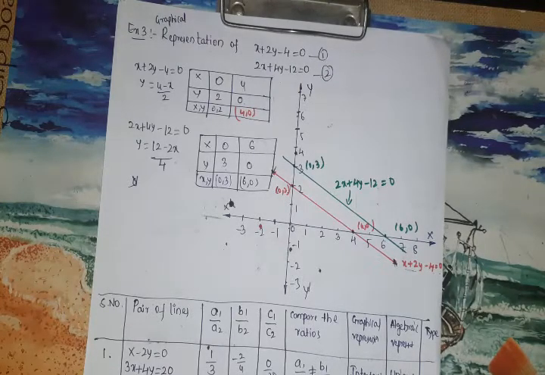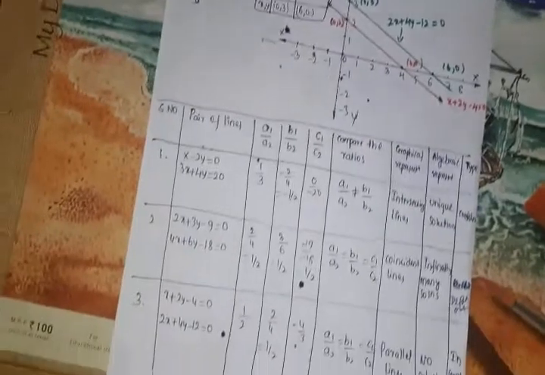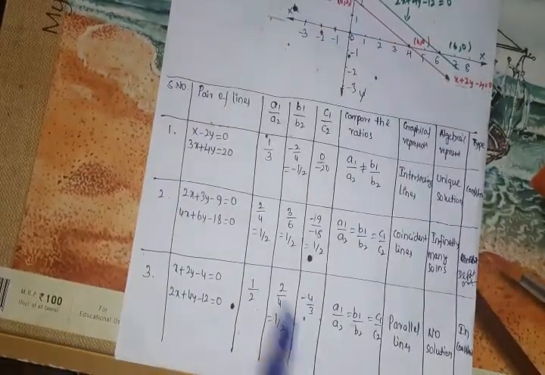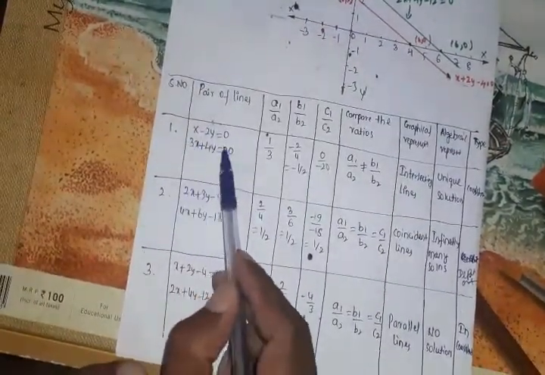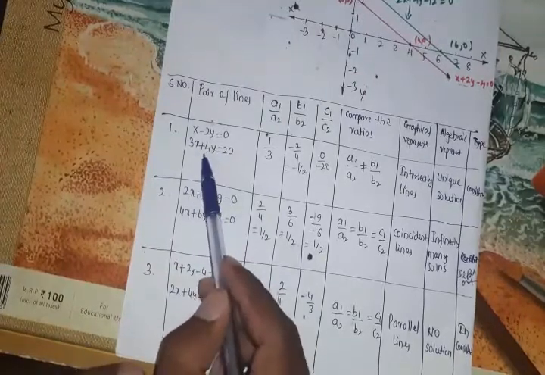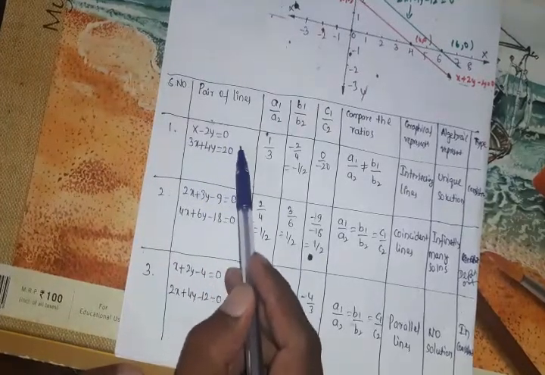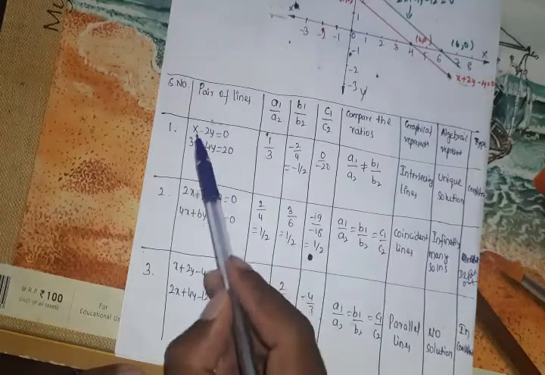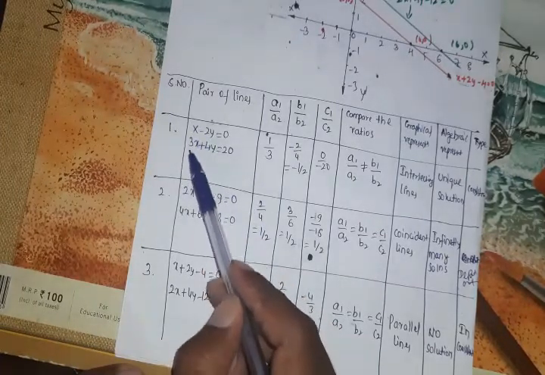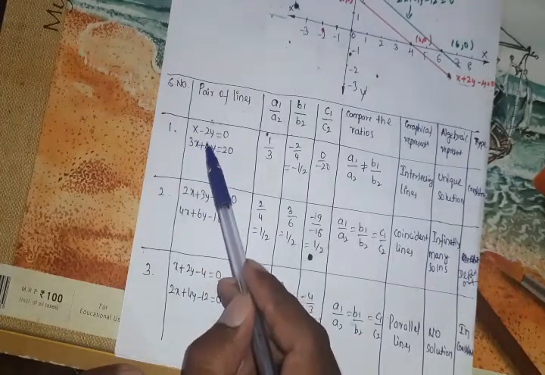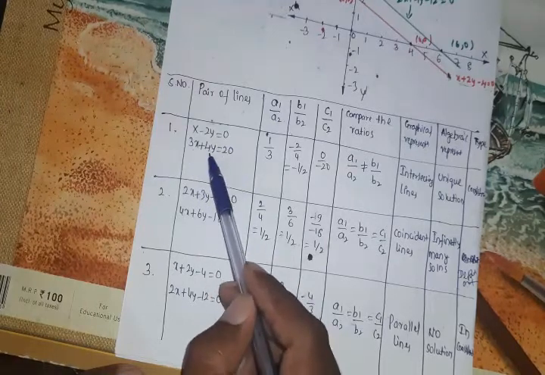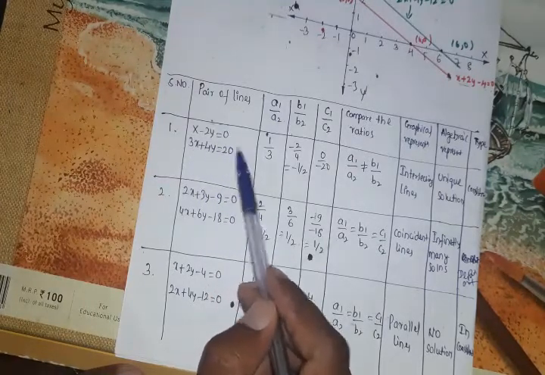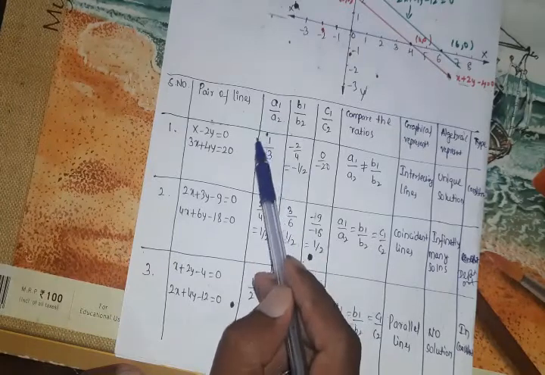How is it possible? Let us summarize all three examples. First example, we have taken x minus 2y equals 0, 3x plus 4y equals 20. These two are a pair of linear equations, and the corresponding a1, b1, c1, a2, b2, c2 values we'll try to put here.